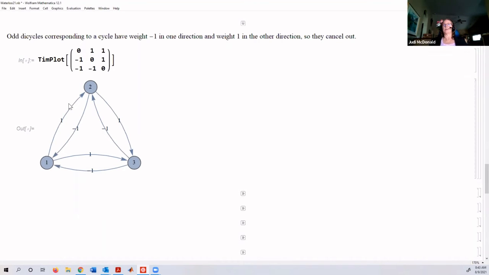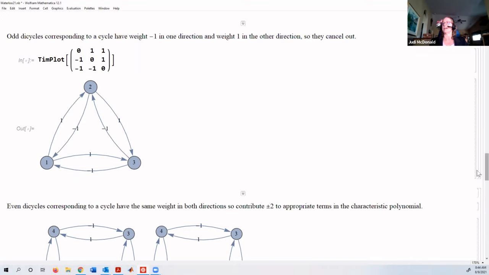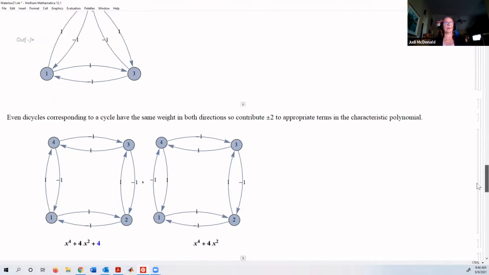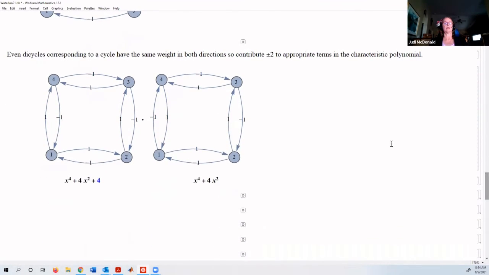So it turns out that odd length cycles in this skew environment contribute nothing to the characteristic polynomial in the end. By the time you've added everything up, they've just canceled out and they're gone. So not very helpful, because they just disappear.